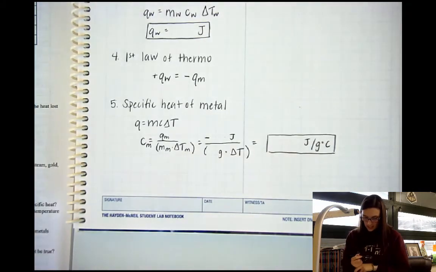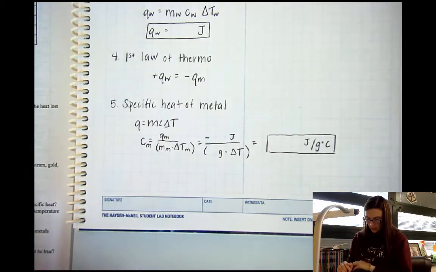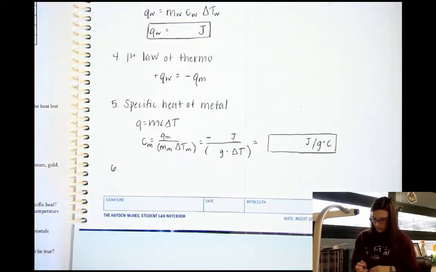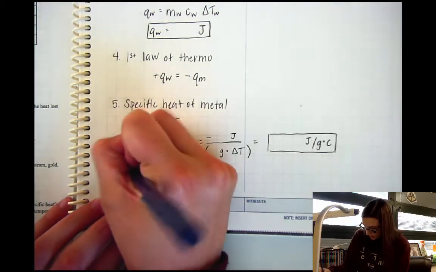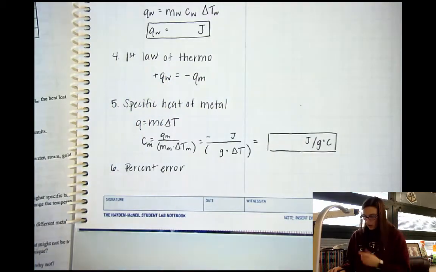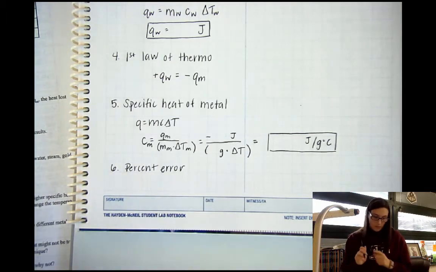And then number 6 says look up the accepted value of specific heat for your metal and calculate the percent error of your results. So I'll just label this as percent error. So depending on your sample number, samples 1 through 4 and 9 through 12 were lead.